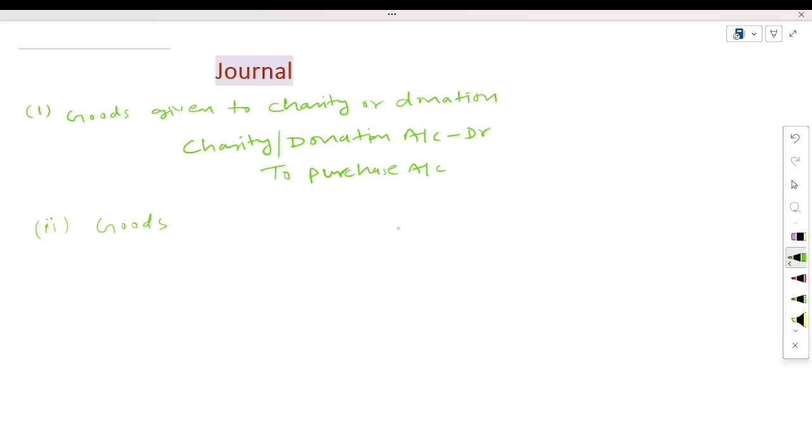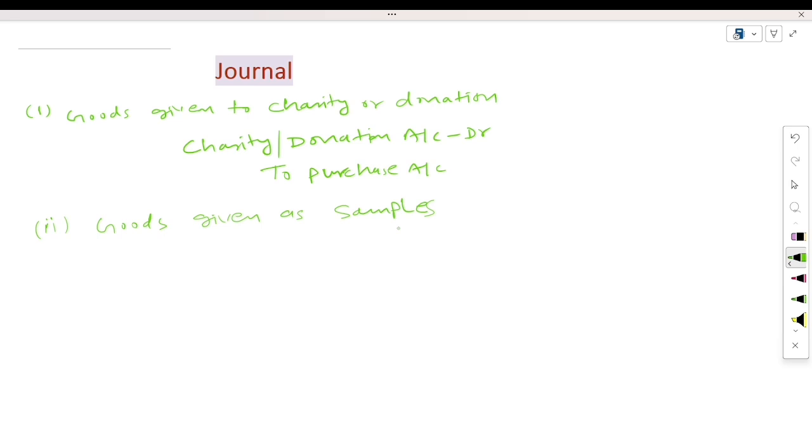At the time when you are giving goods as a sample, what entry will you pass here? Sample means, just like for advertisement, you are giving the goods for your sales promotion.